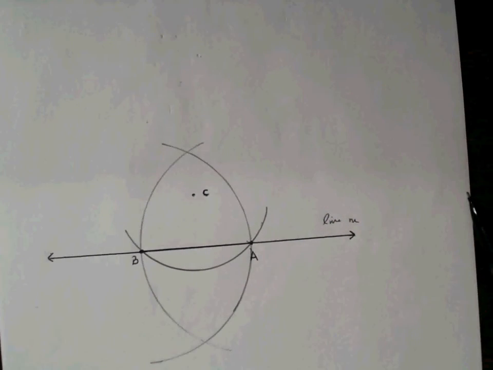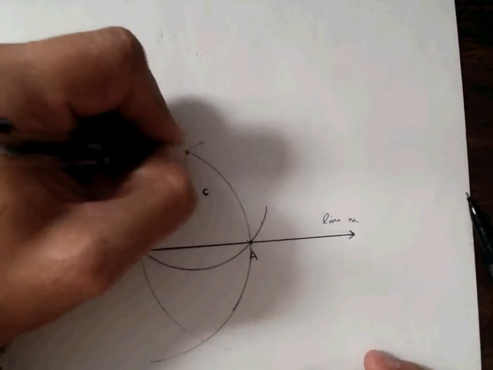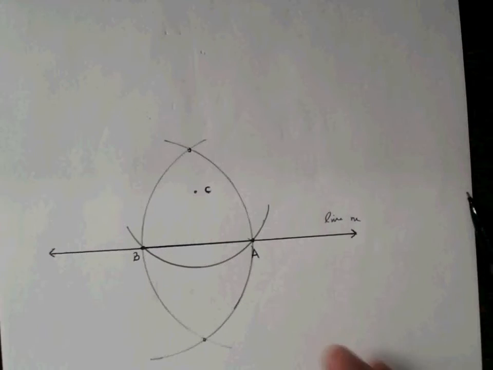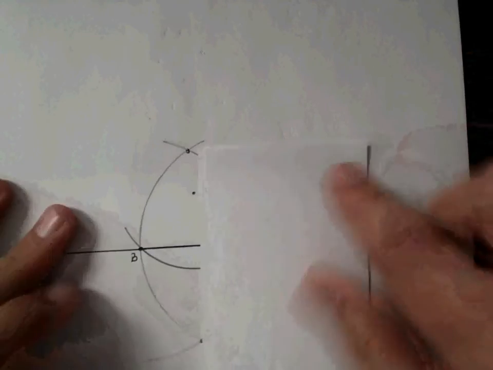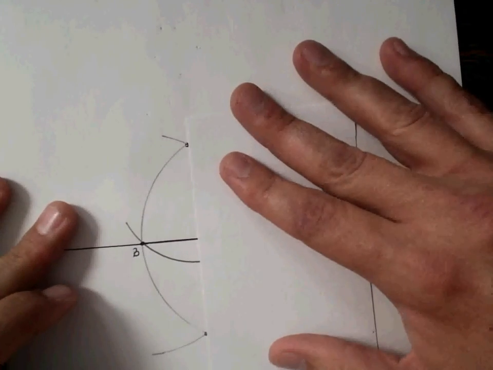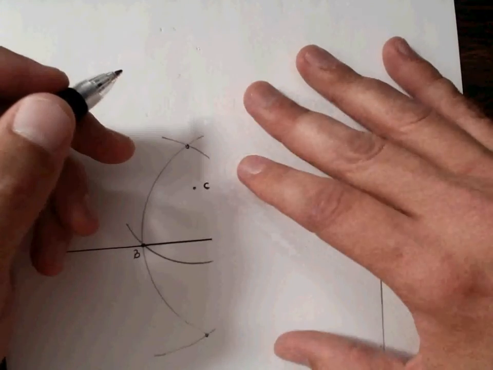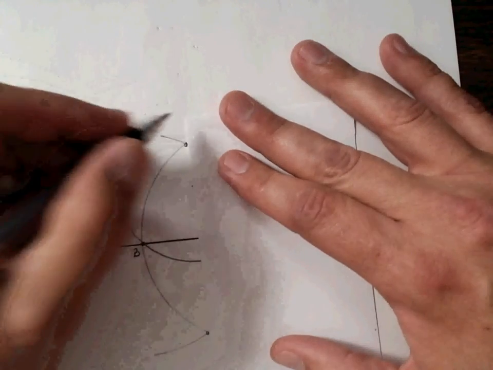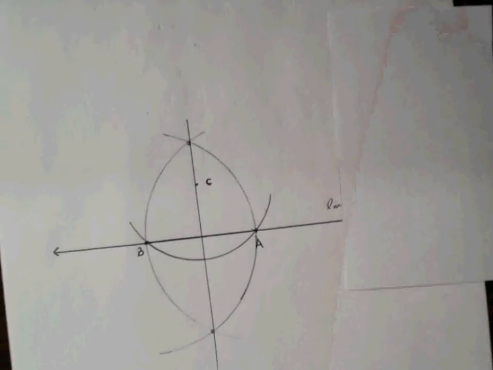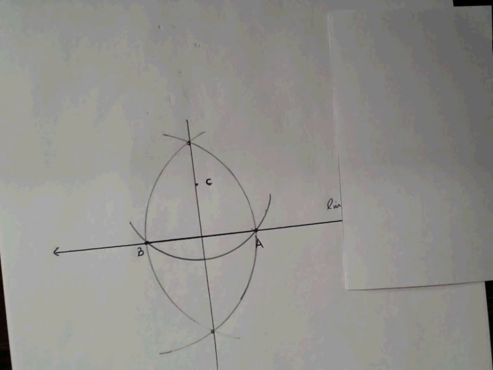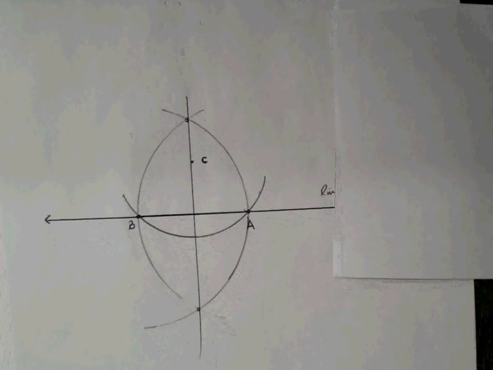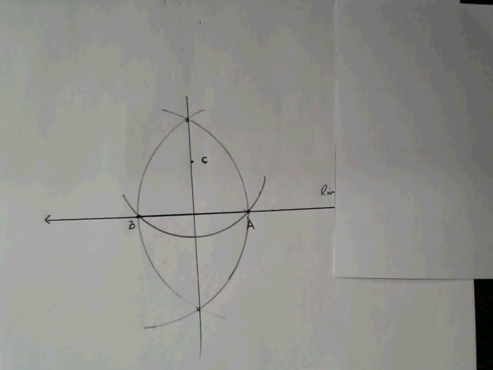And now what can I draw? I have a point there. I have a point there. And I want to pray for everything that it's going to pass through C, correct? And there it is. Okay? So what was the additional step that we had to do here? Make it a segment. Okay? Make it a segment.